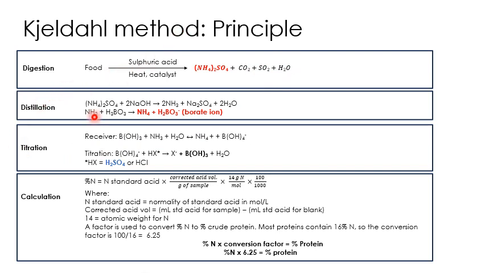Now the digested mixture is further neutralized by the addition of sodium hydroxide to release the ammonia. So this ammonia then is distilled into boric acid solution that contains an indicator, either methylene blue or methylene red.